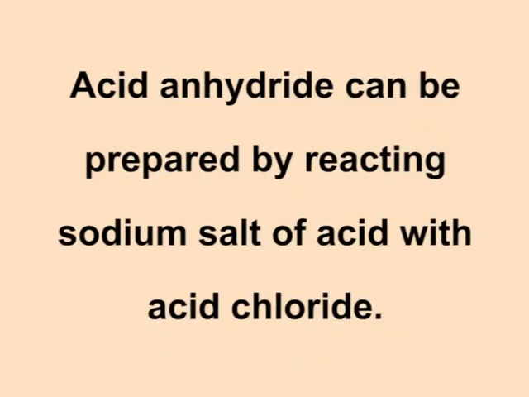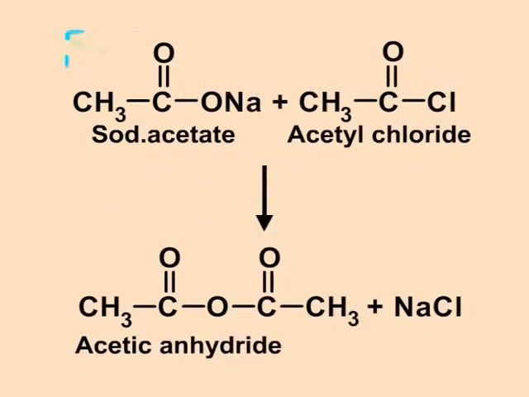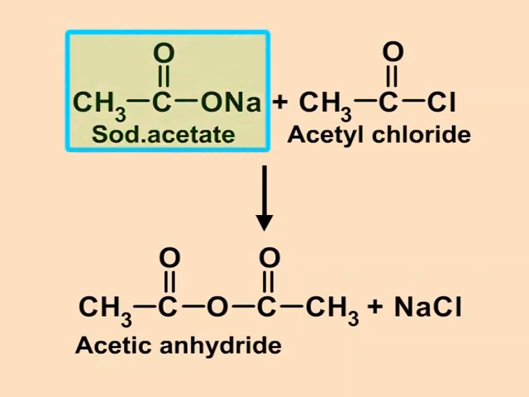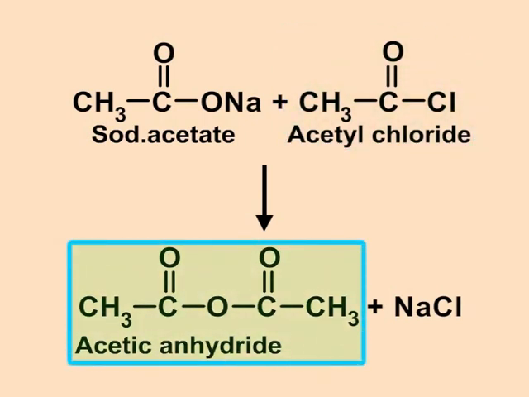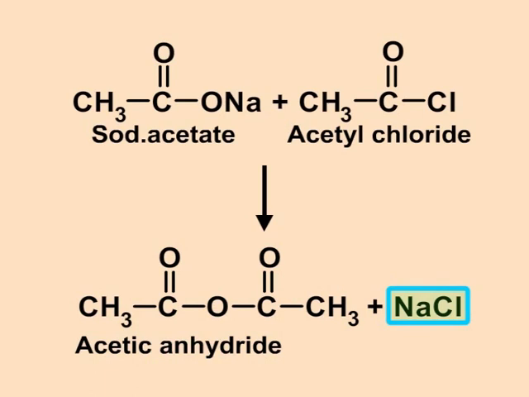Acid anhydride can be prepared by reacting sodium salt of acid with acid chloride. Sodium acetate reacts with acetyl chloride to form acetic anhydride and sodium chloride.